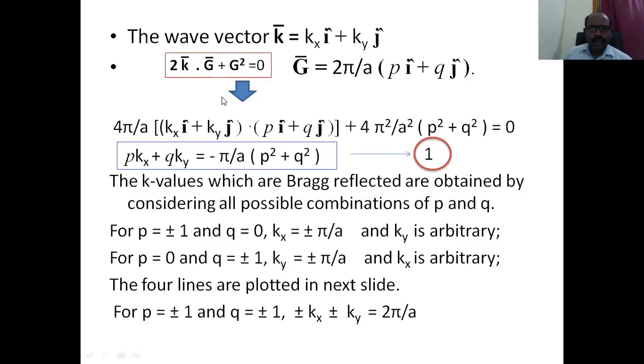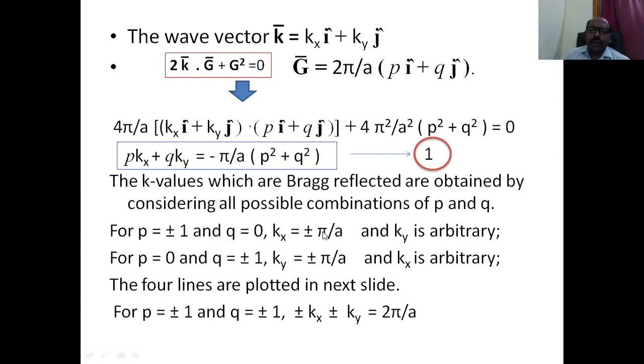Now this is the equation arrived at after implementing the condition. For different values of p and q, it is one equation. Now we are taking the shortest values at first. The shortest values lead to the k values which form the minimum Brillouin zones, that means the shortest Brillouin zone.